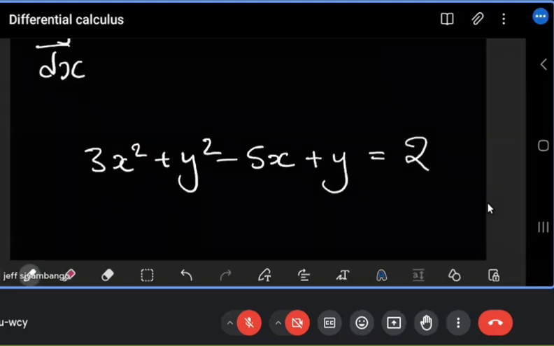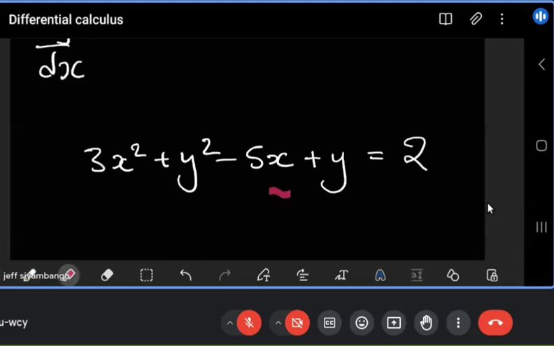Here, you can try all you want to make y the subject of the formula. You realize that it might be possible, but it's just not so straightforward. If you try this, maybe complete the square here and there, then square root, it's just going to become messy.